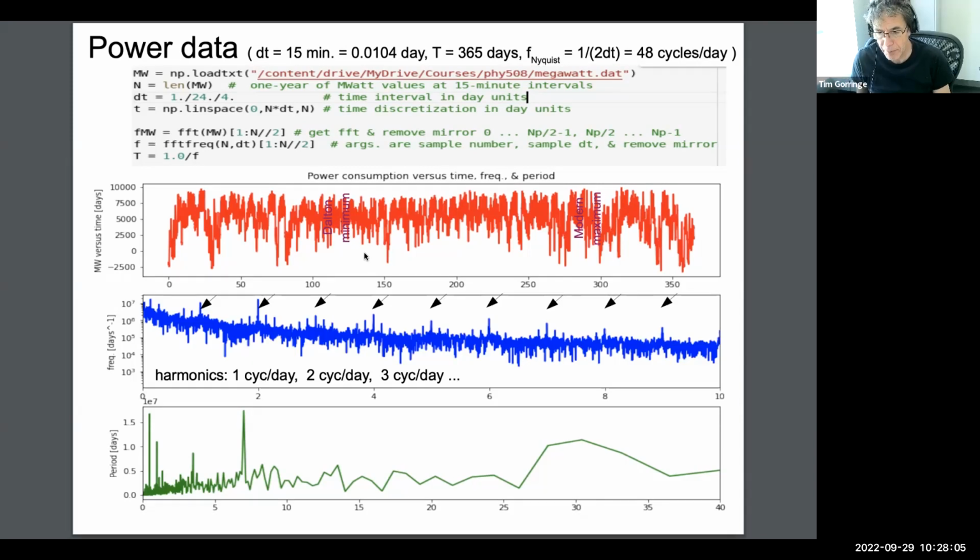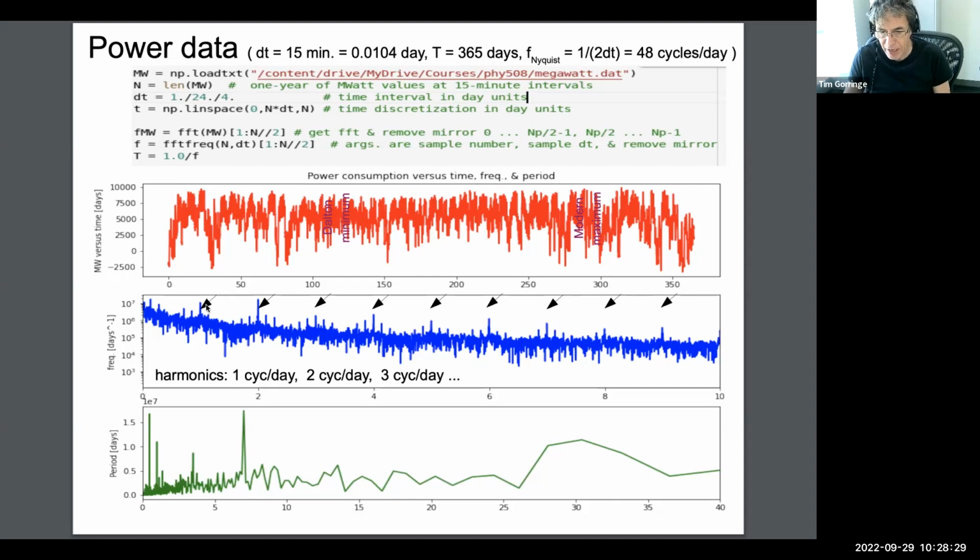One last comment about the data. I've expanded the scale on this frequency plot. So now it runs, rather than from 0 to roughly 2 cycles per day, it's going from 0 to 10 cycles per day. I've also changed the scale so that it's a log scale, so I can see a greater range in the data.